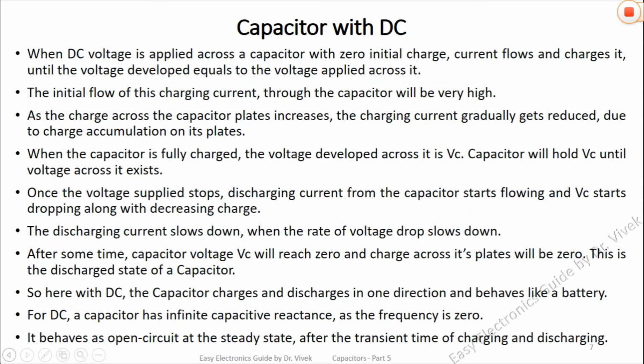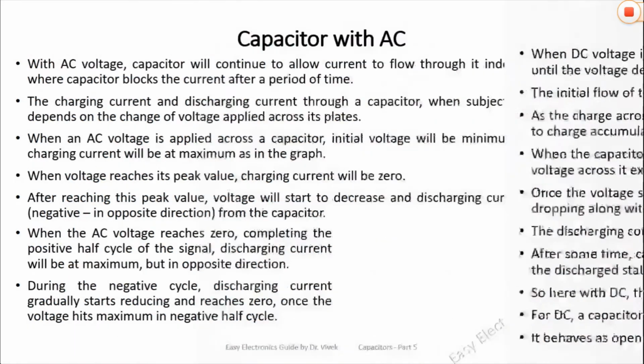This is the discharged state of a capacitor. With DC, the capacitor charges and discharges in one direction and it behaves like a battery. For DC, a capacitor has infinite capacitive reactance as the frequency is zero.